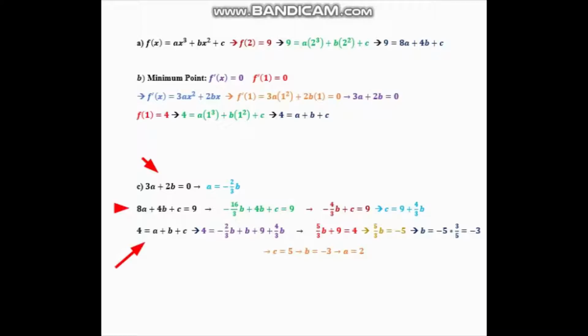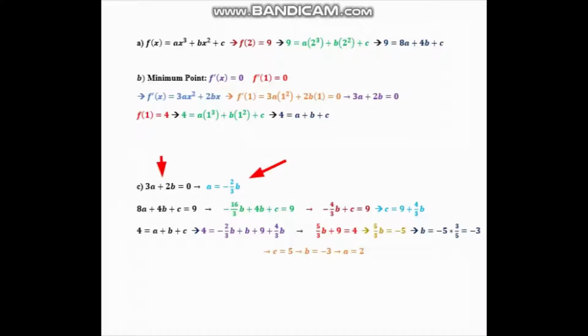So the way to do this is to write two of the letters in terms of the third. So what I'm going to do is write a in terms of b and c in terms of b as well. I've used the first equation to isolate the a and write it in terms of b.